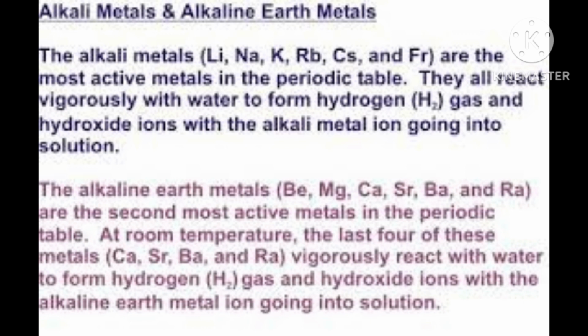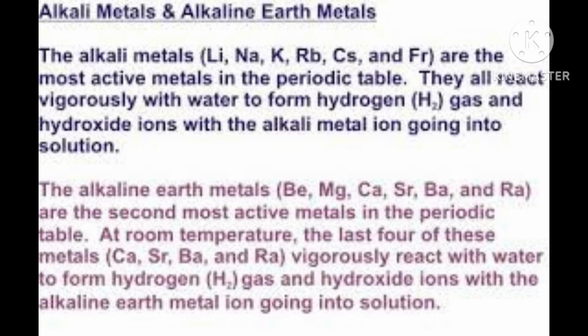Now I am telling you the atomic and physical properties of the alkaline earth metals. But before going to this, I want to tell about the electronic configuration. Then I will come to the atomic and physical properties. These elements have 2 electrons in the s orbital of the valence shell, means the outermost orbit.